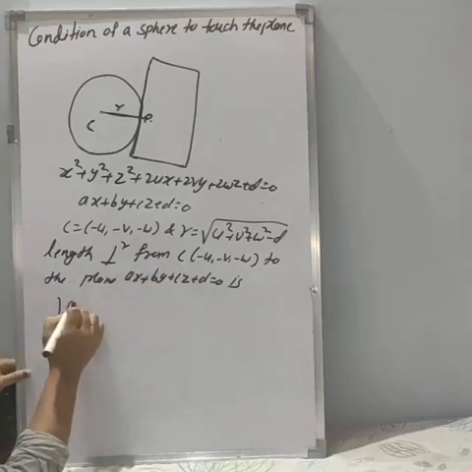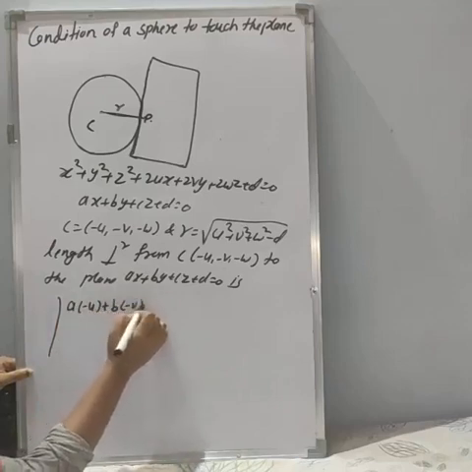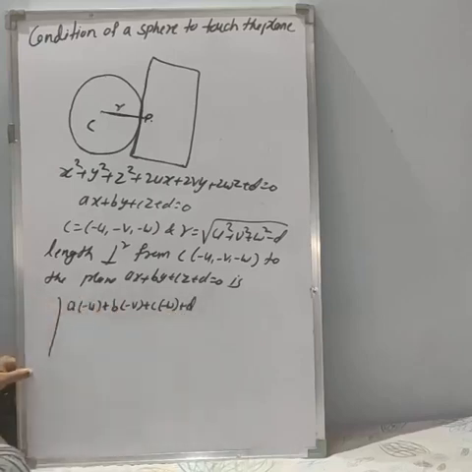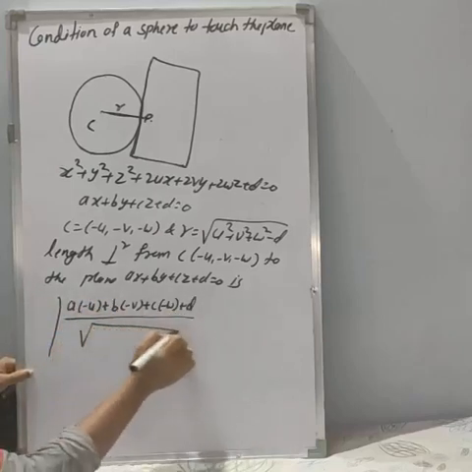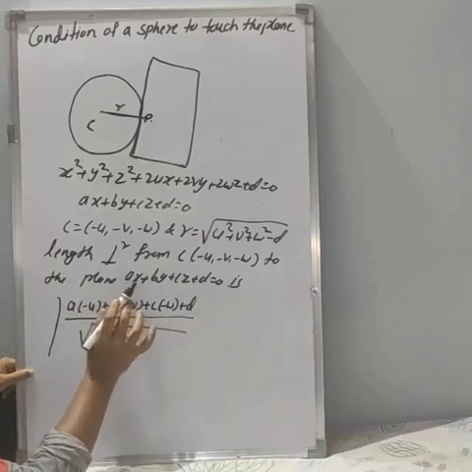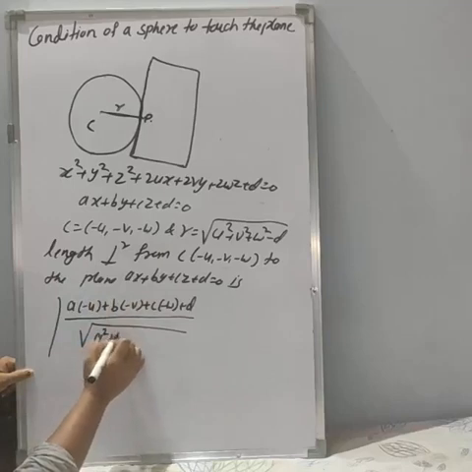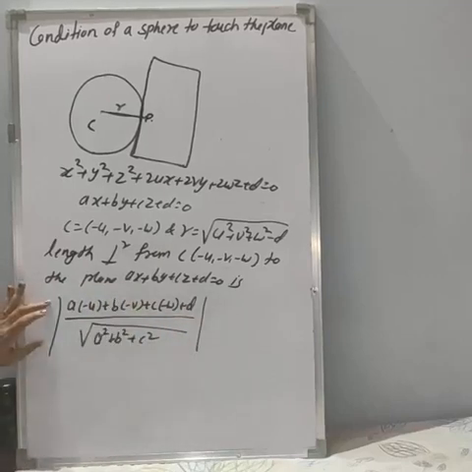So what will you get? a into minus u plus b into minus v plus c into minus w, keep the constant as it is, divided by the square root of the coefficients of x, y, z whole square, that is a square plus b square plus c square. This is the length perpendicular from the center to the plane.